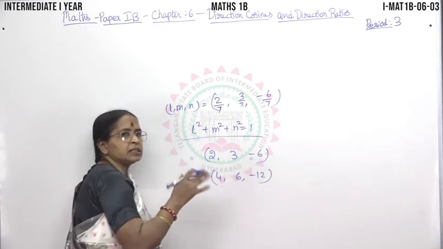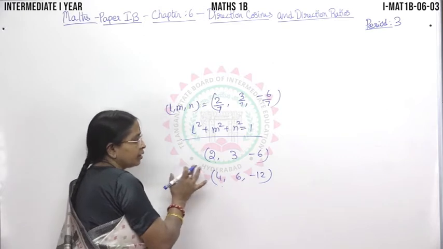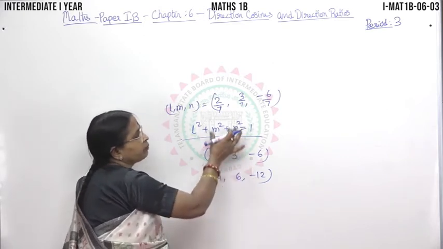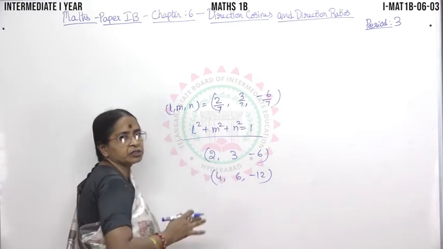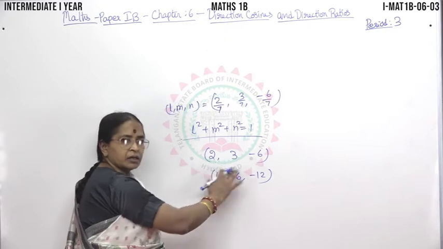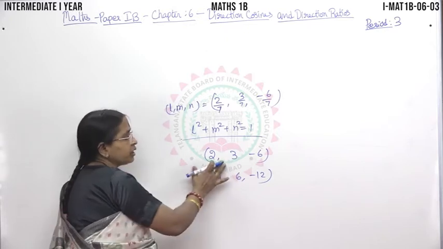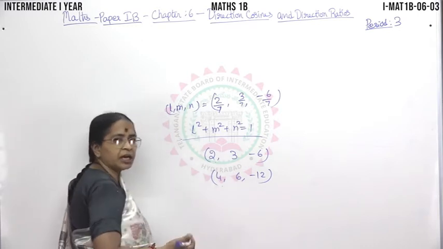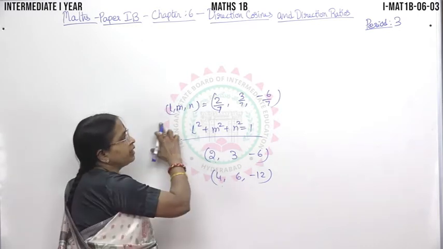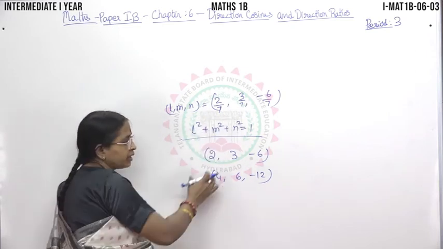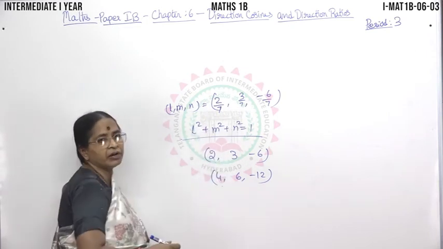Now, any ordered triad of real numbers which are proportional to the direction cosines are called direction ratios. So for a line, you have two sets of direction cosines, whereas you have an infinite number of direction ratios.